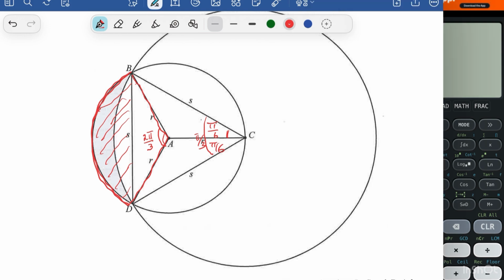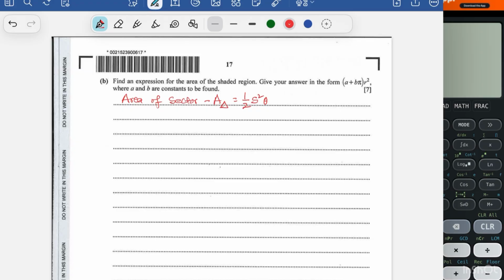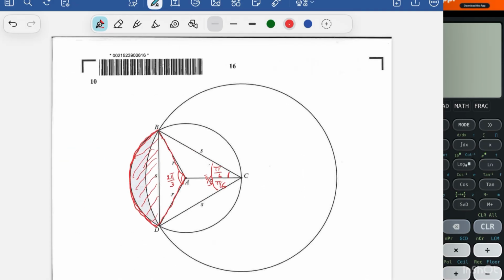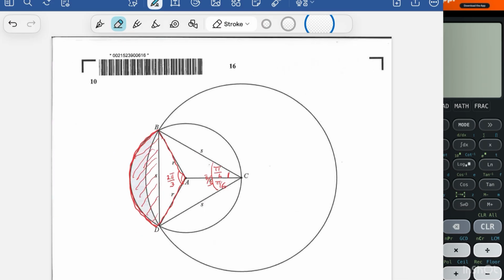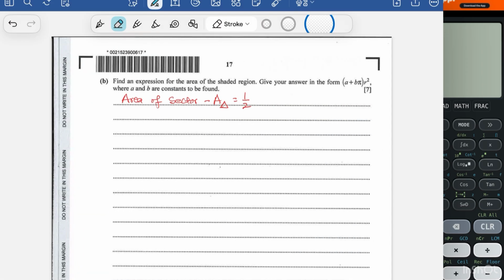So we're going back to the other page. So area of sector, area of triangle is 1/2. So area of sector is 1/2 r squared times theta.